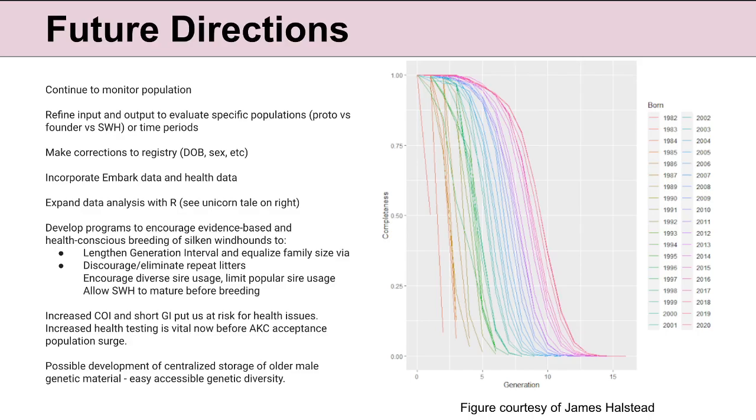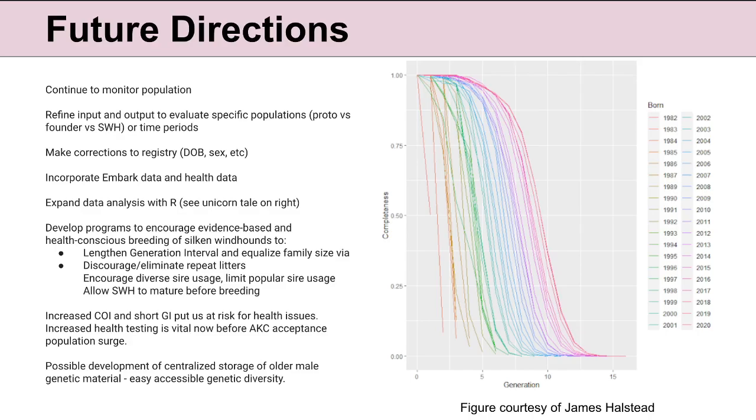I'd like to expand the data analysis using R, and you can see an example of what we're capable of on the right, which is, I call the unicorn tail. But basically, this figure, which my husband James Halstead helped me make, is an example of the max depth of generations that you have in a given year of dogs that are born.